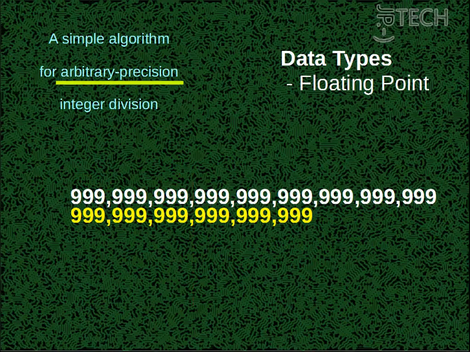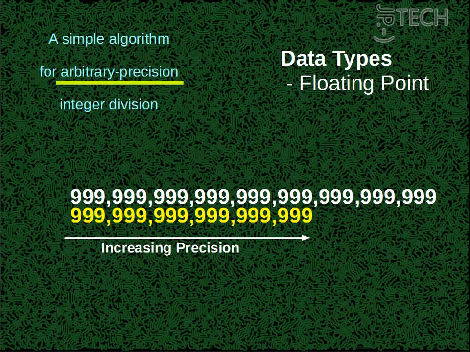Some might ask at this point, why not use floating point data types? Floating point data types use exponential notation to represent very large numbers and can include decimal values. The problem with floating point data types is they too have a precision limit.